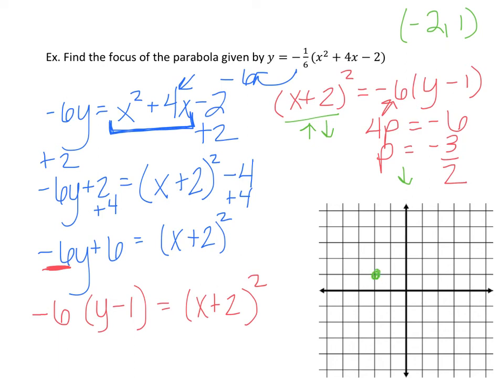To get to p, I have to go negative 3/2. And since it's opening down, I go down. So I'm going 1.5 down. So my parabola opens up around here. That puts my focus at the point negative 2, negative 1/2.